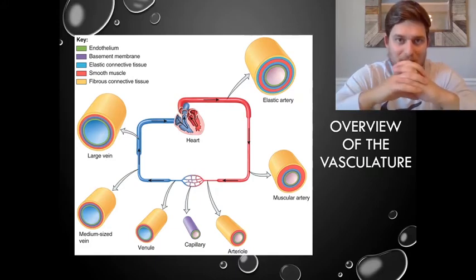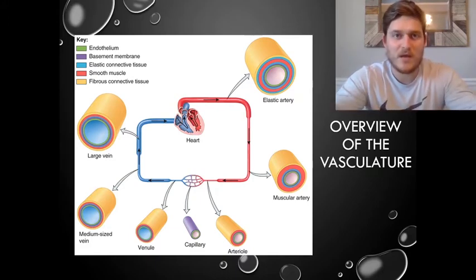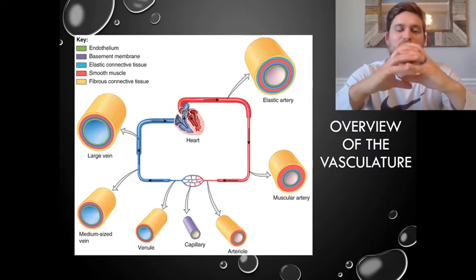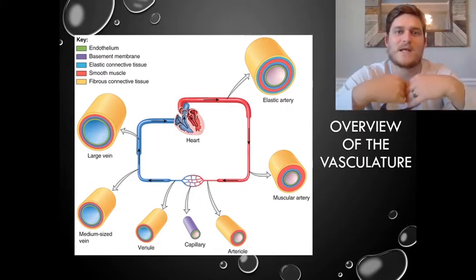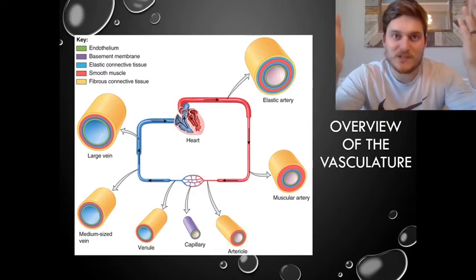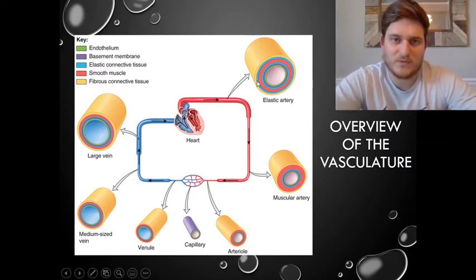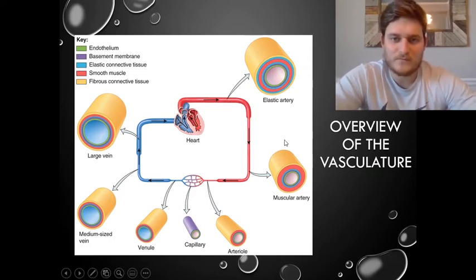And when you do that, you're restricting blood flow to wherever you are delivering it. Or you can do what's called vasodilation, where smooth muscles relax, the size of the vessel becomes bigger, and that's going to help increase blood flow to wherever it's going. And so smooth muscles are going to play a huge role in our blood flow.